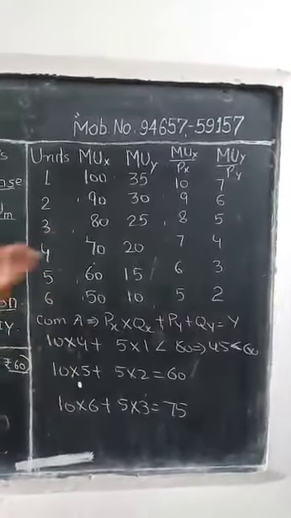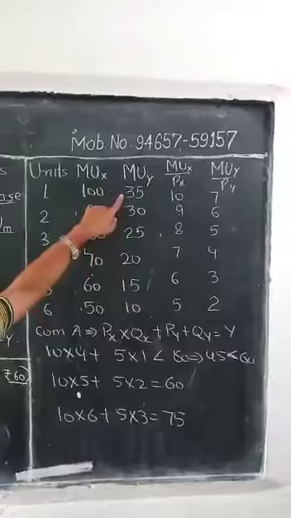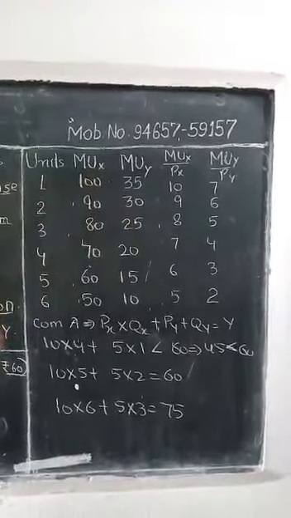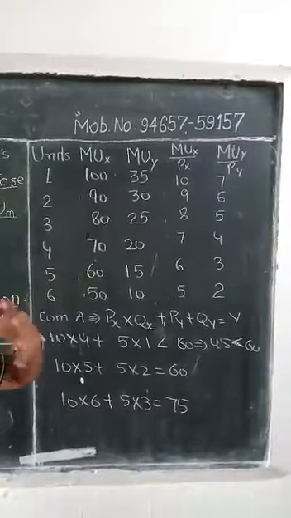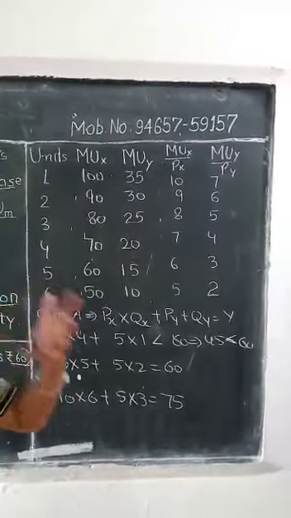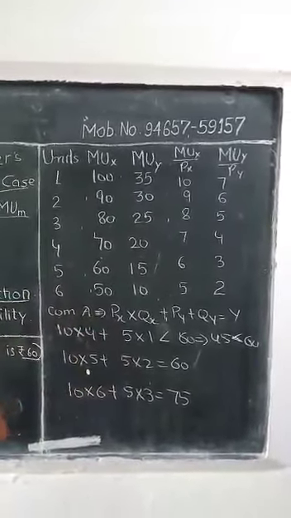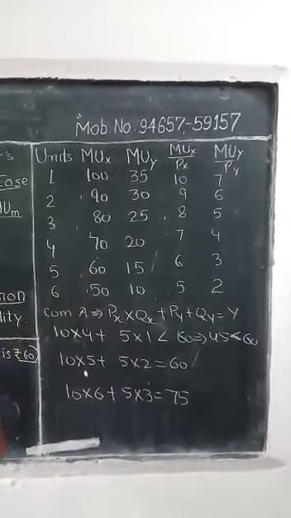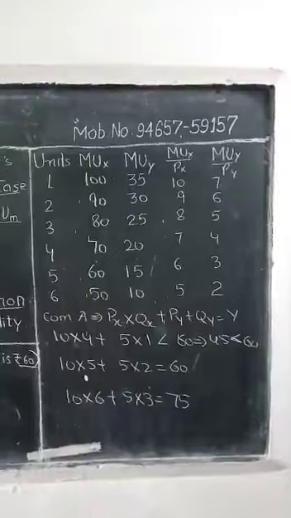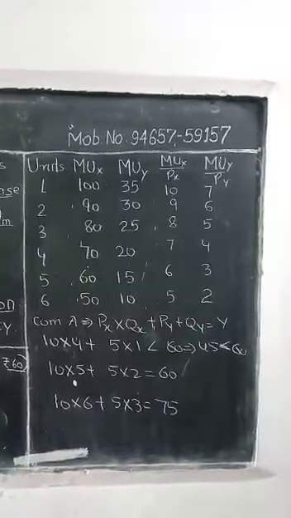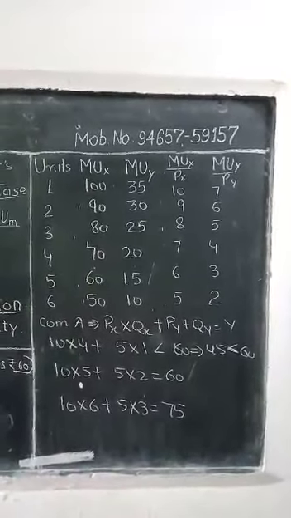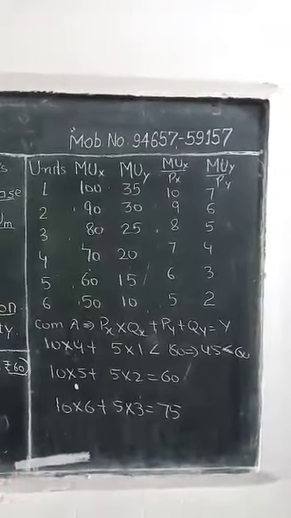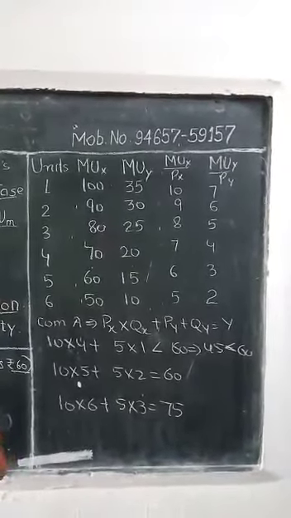Then marginal utility of y, starting from 35. Why is it so? Because the price of x is 10 rupees, so we are getting more satisfaction from the consumption of x and less satisfaction from the consumption of y. For example, you have two different commodities, one is a burger or a pizza and the second is a chocolate. After consuming a pizza you get more satisfaction, and after consuming a chocolate you get less satisfaction.